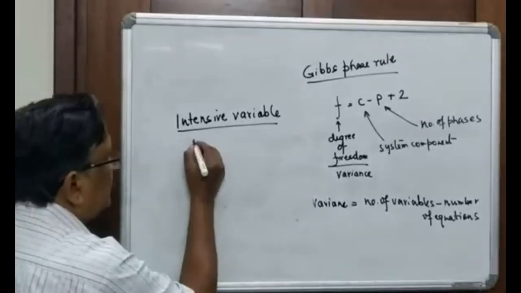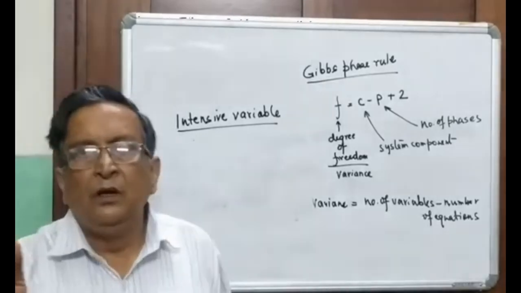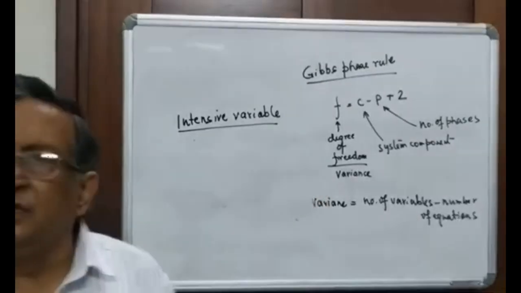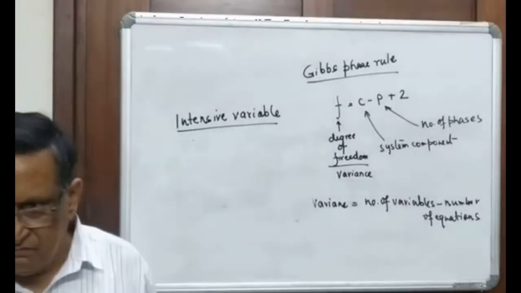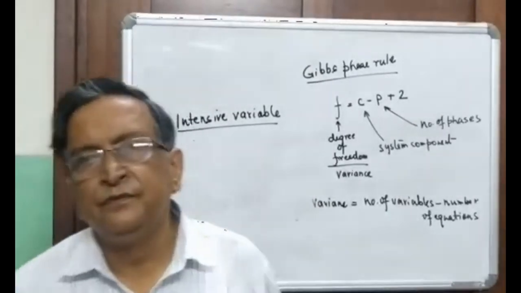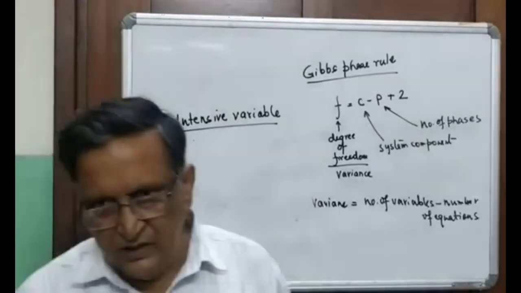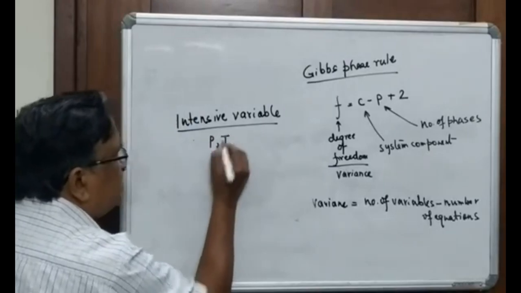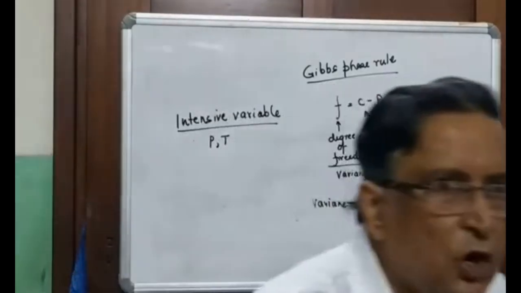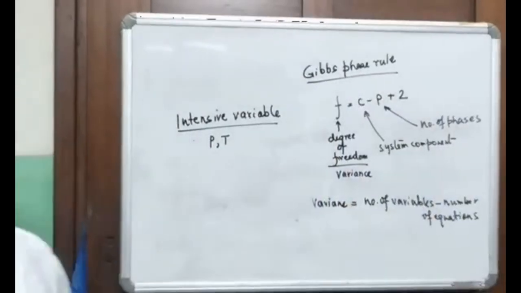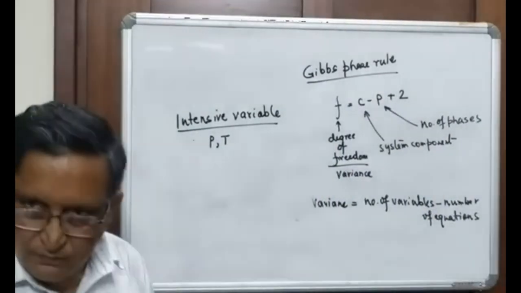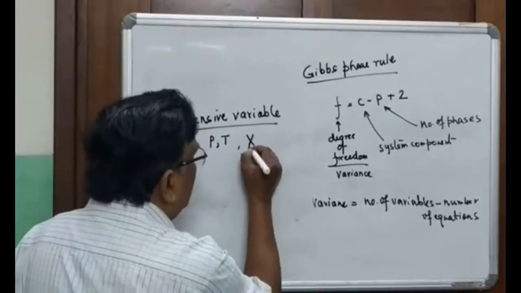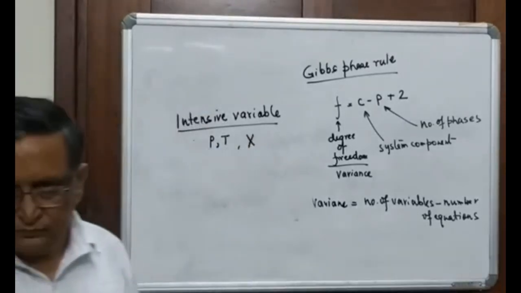Say, for example, refractive index, not metamorphic petrology, and specific gravity. They don't depend on the mass. Similarly, pressure and temperature don't depend on the mass of the substance. Have you understood?